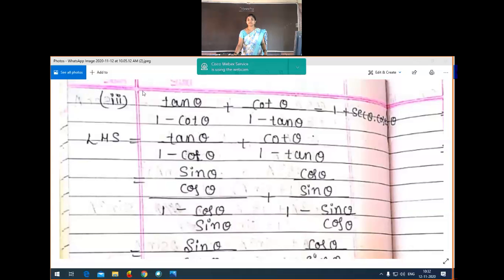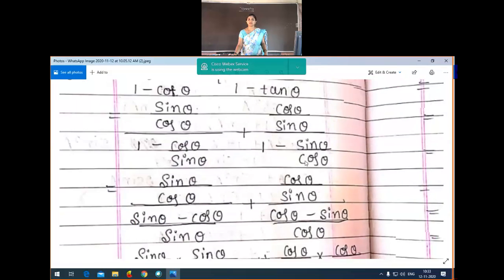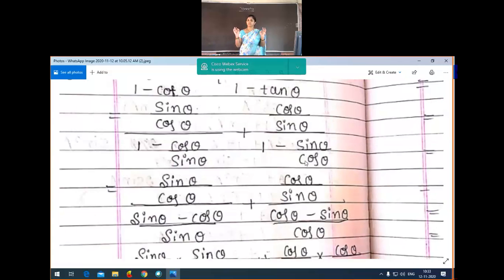We'll write tan theta as sin theta by cos theta divided by 1 minus cot theta, which we write as cos theta by sin theta, plus cot theta as cos theta by sin theta divided by 1 minus tan theta, which is sin theta by cos theta. This step everyone knows, correct? This is the first step, expressing tan and cot in the form of cos and sin. So the first step is clear.